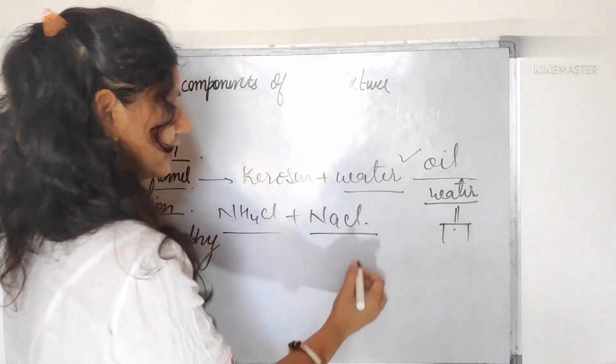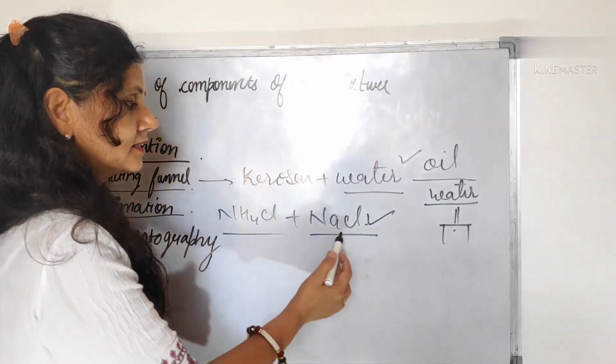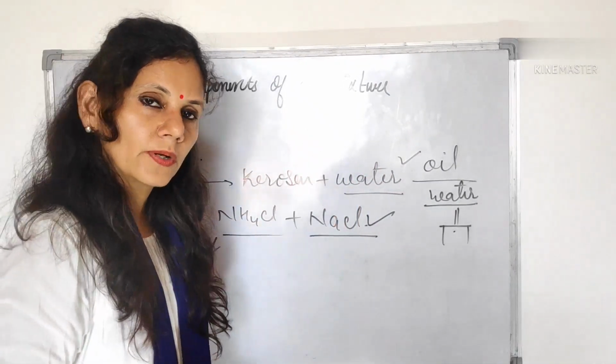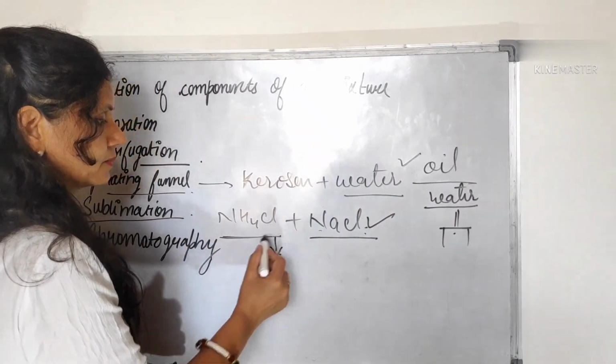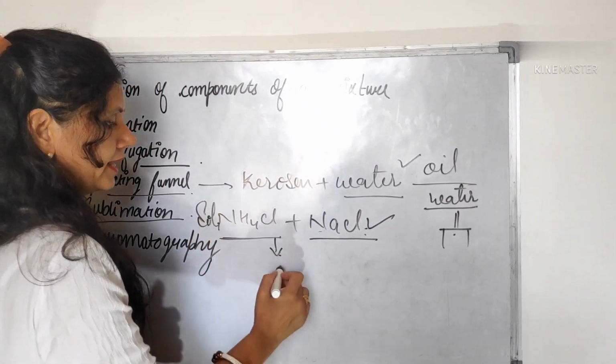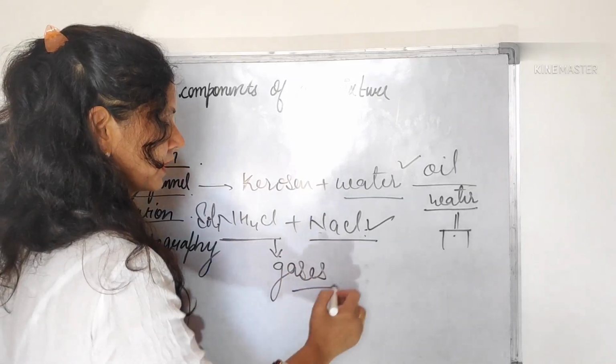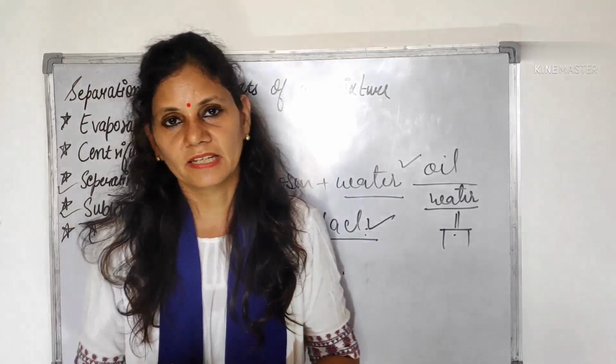NaCl is a non-volatile solid, and NH4Cl is a sublimating substance. It can convert directly from solid to gaseous form. So we can use the sublimation technique here.